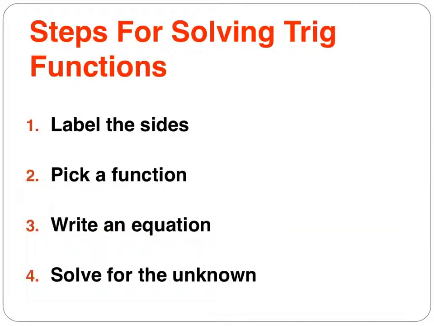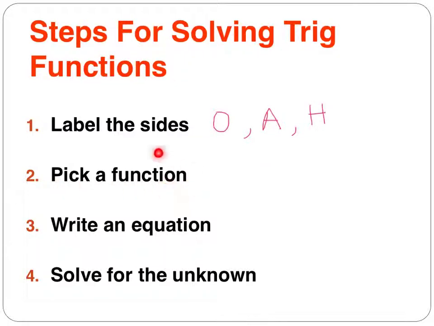Here, I provided 4 steps for solving trig functions. Our first step is to always label the sides of our triangle depending on our theta. So that is to go ahead and label O for opposite, A for adjacent, and H for hypotenuse.